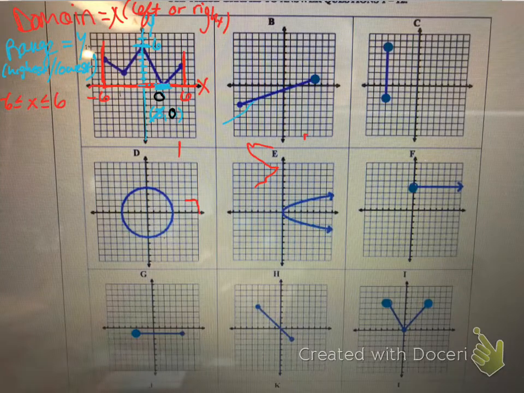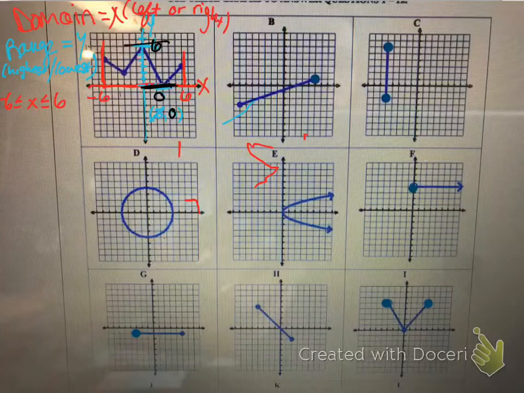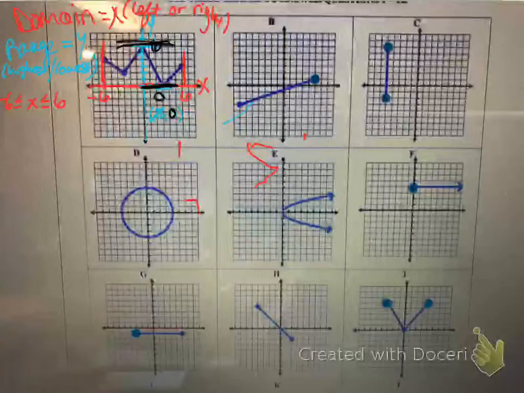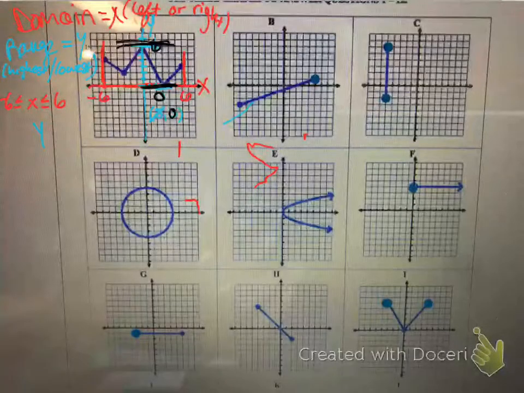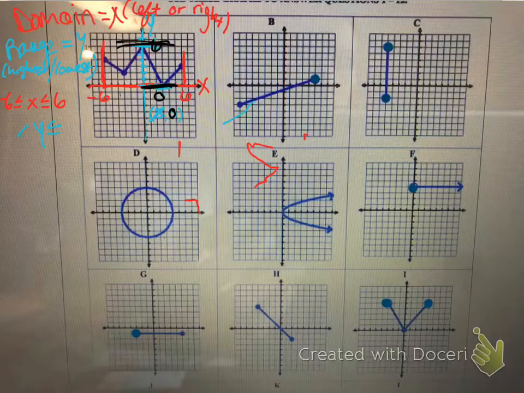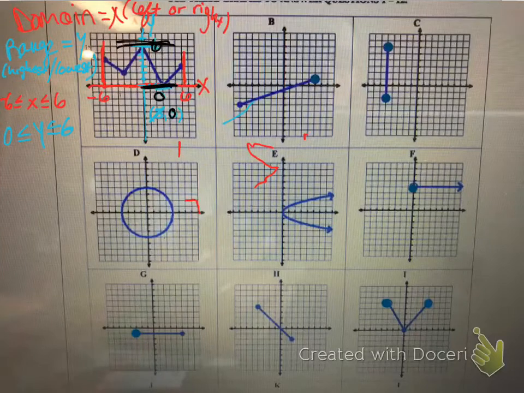That means my graph uses all of the y values between 0 and 6. The way I want to write that, again, is with y in the center, less than or equal to on each side. Put the smaller value on the left, so 0, and then it went all the way up to 6. So that is how you want to write your domain and range for this section.